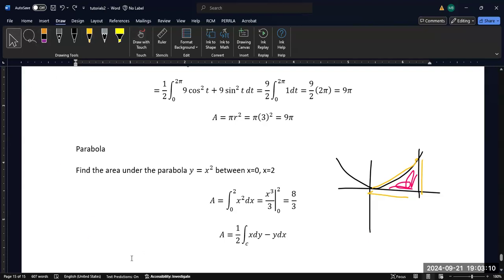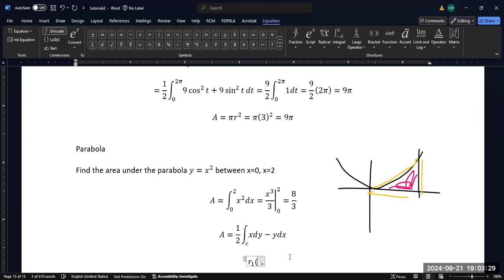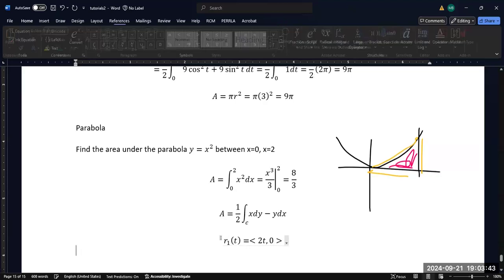But you need to do those parameterizations, and for this problem, we're going to need to create 3 paths. So let's think about, this is the point 0, 2. So we're going to go on a straight line on the path from 0, 0 to 2, 0. So in the space of, let's say, 1 unit, we're going to go 2t, and y stays 0.